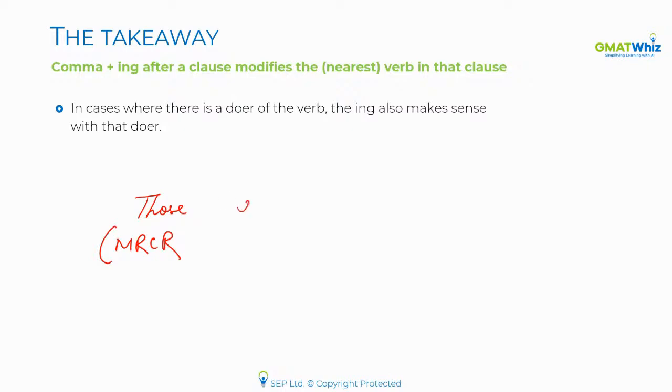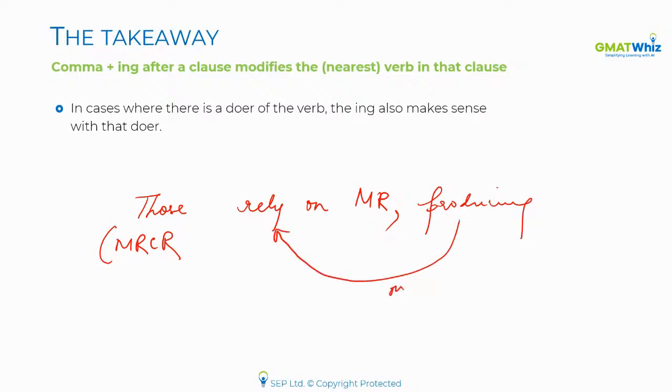And then the verb was rely on something, and by relying on that thing, the magnetic resonance cooking ranges are producing something. So this is the outcome of the verb. At the same time, who or what is producing the heat more efficiently? It is the magnetic resonance cooking ranges. All right, so that's the takeaway.